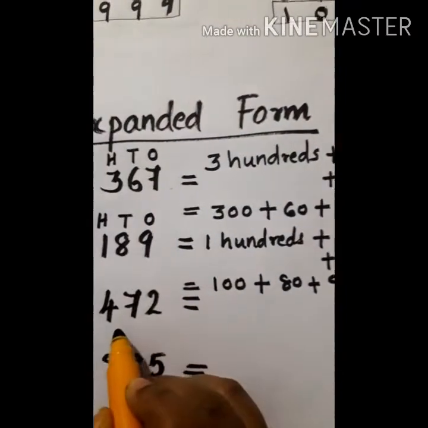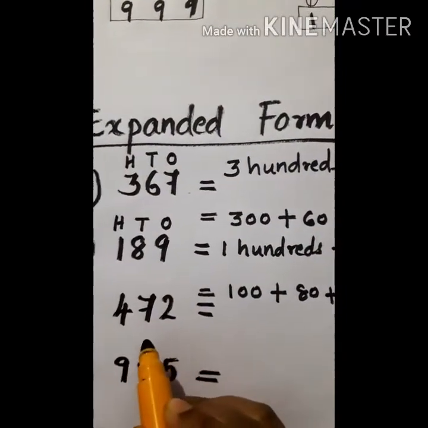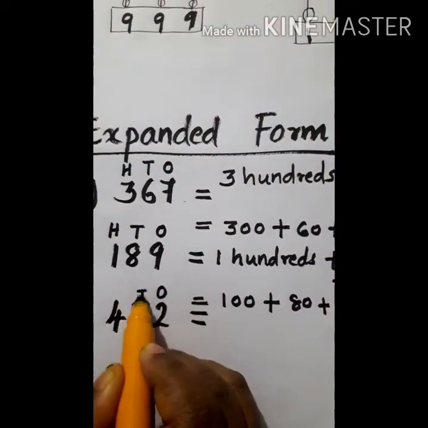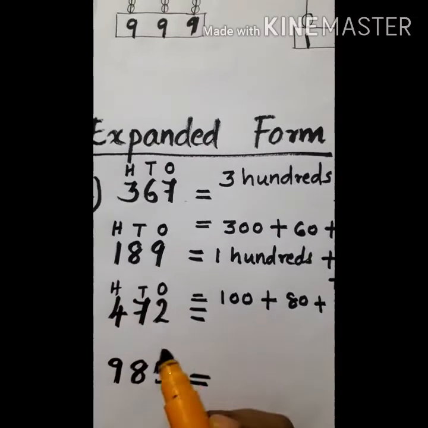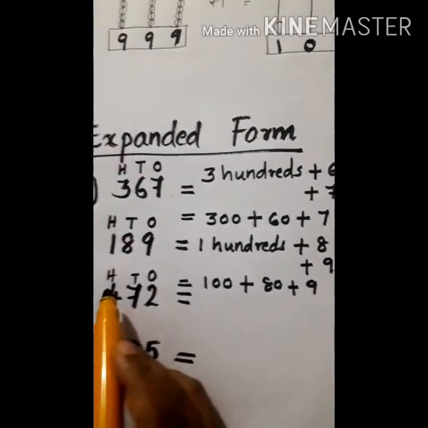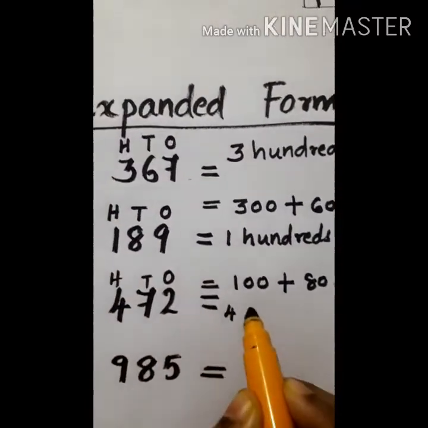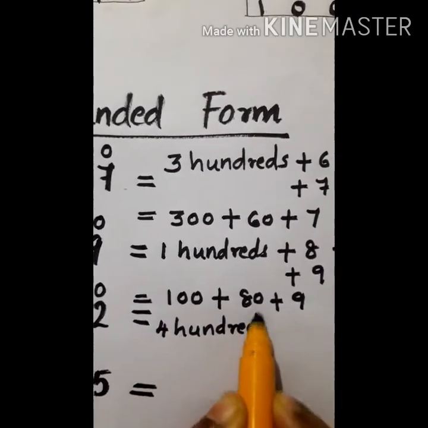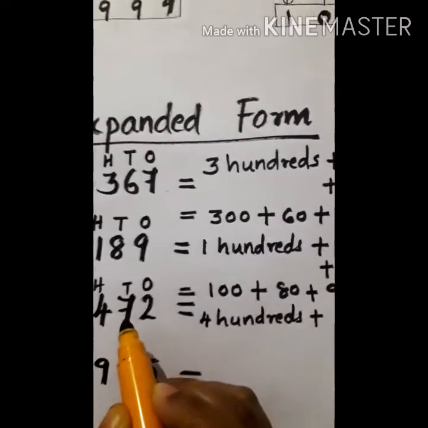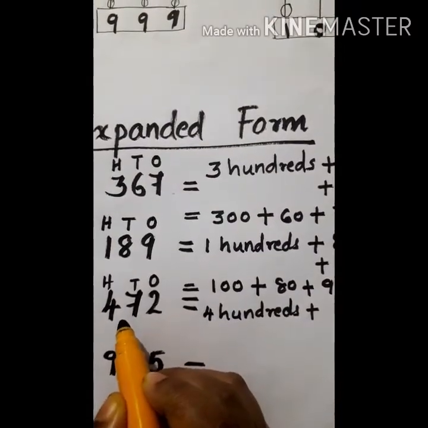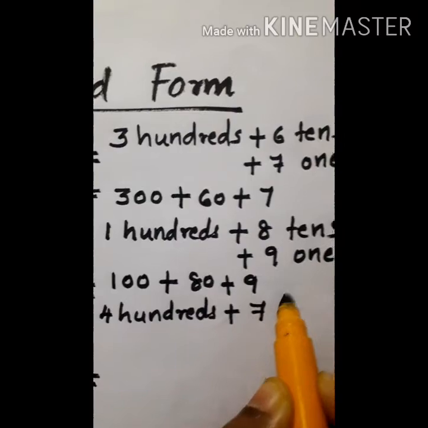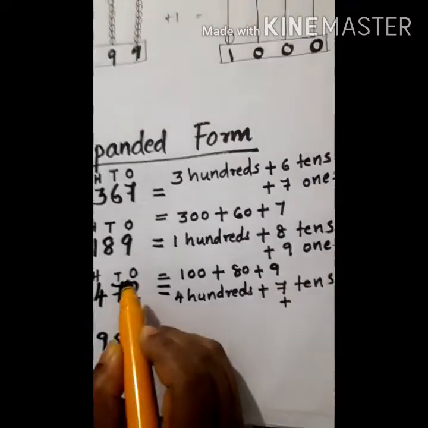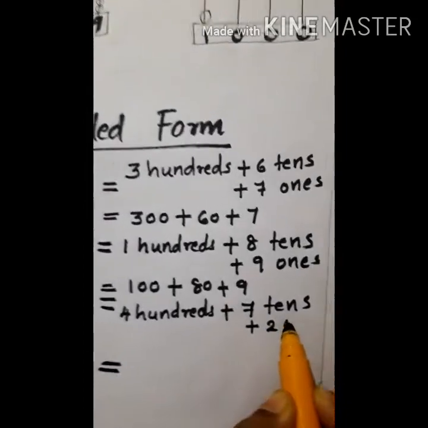Okay, next is 472. Ones place, tens place, hundreds place. So what is in hundreds place? 4 hundreds plus what is in tens place? 7 tens plus what is in ones place? 2 ones.